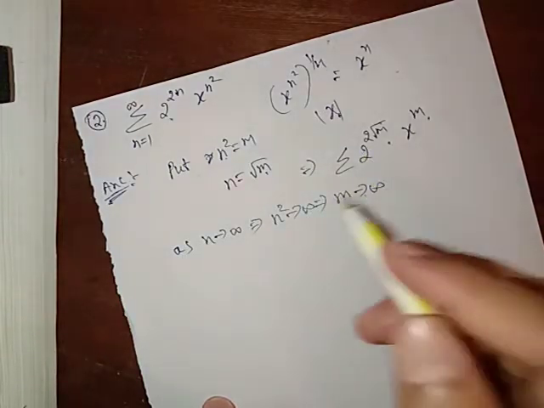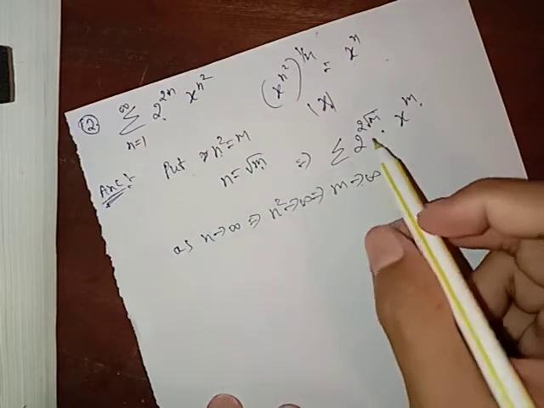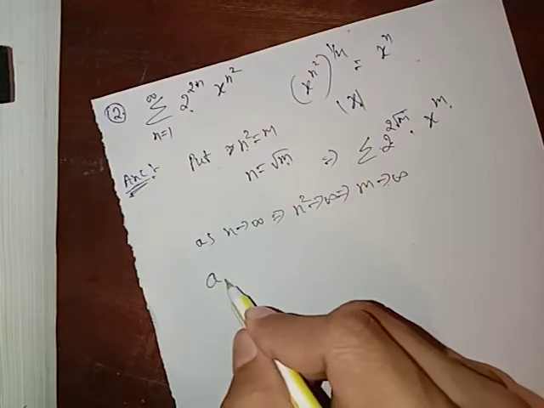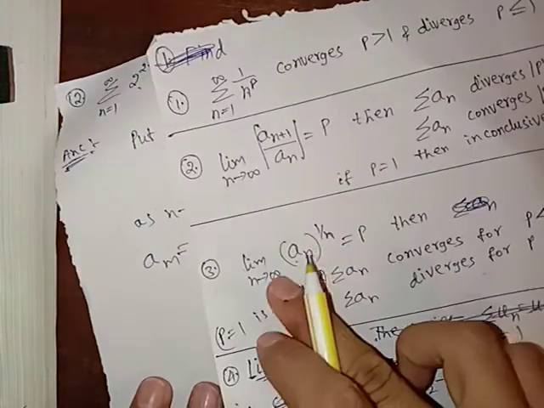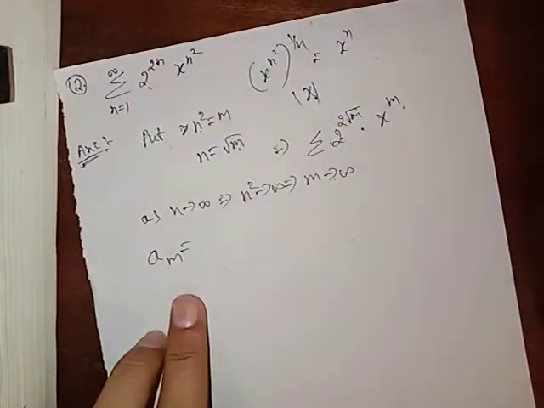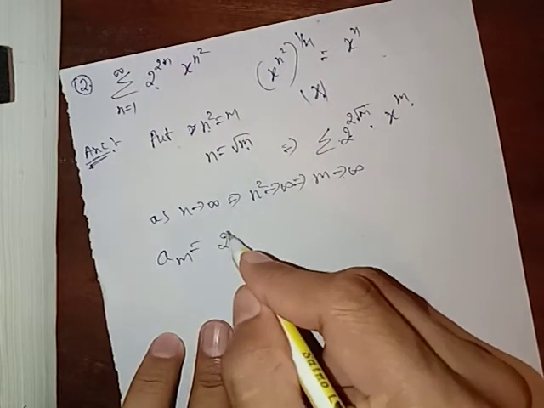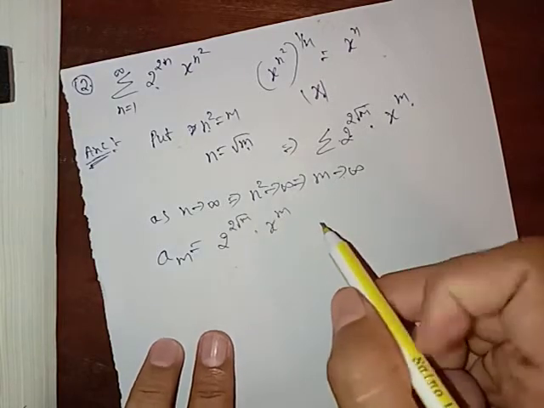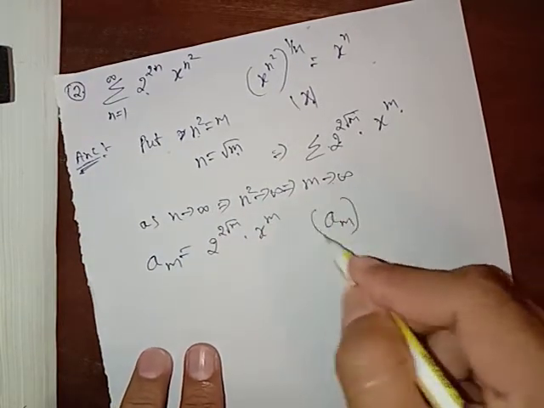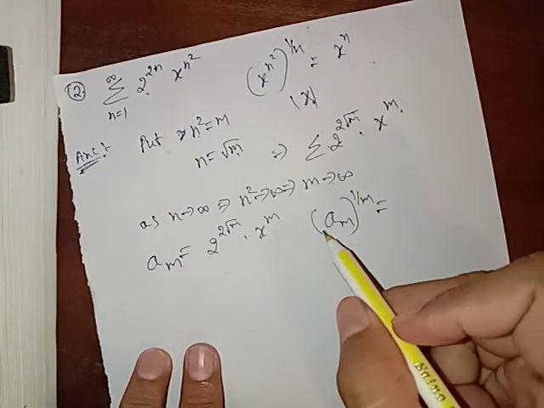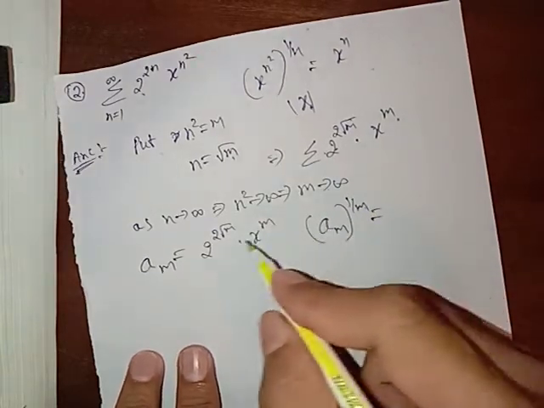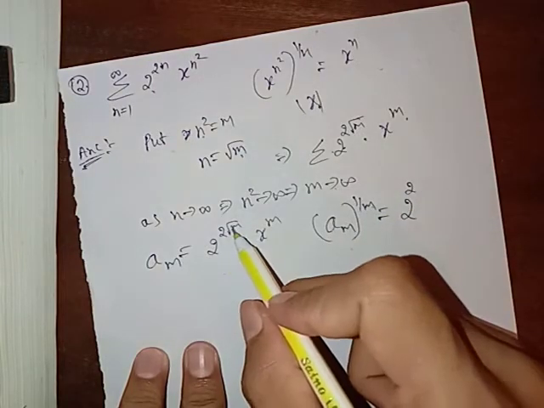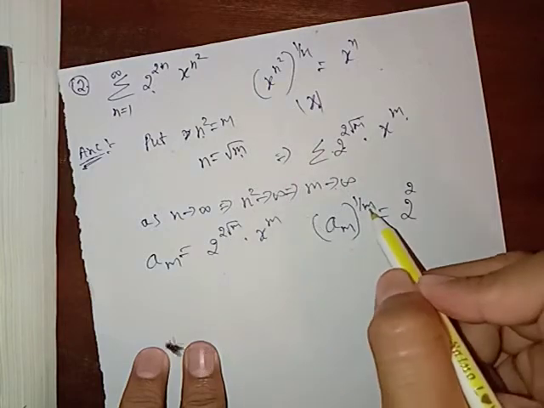So we can apply the root test to this. How? We can take a_m, where a_n is there. What is a_m? 2 raised to 2 root m into x raised to m. Now what is a_m raised to 1 by m? Take 1 by m, then we get 2 raised to 2 root m divided by m.